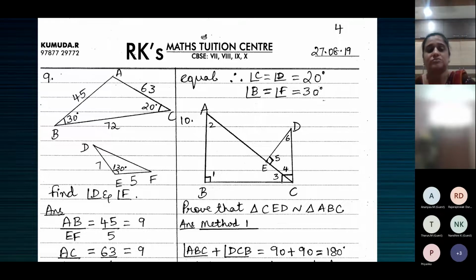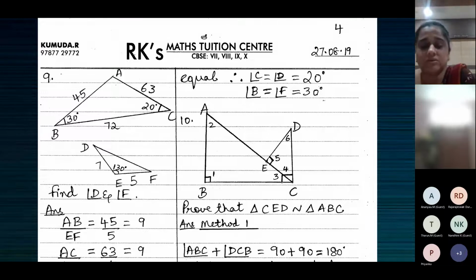Okay, ma'am. Ma'am, D is equal to 20 degree and F is equal to 30 degree. 20 and 30, is it? D and F? Okay.